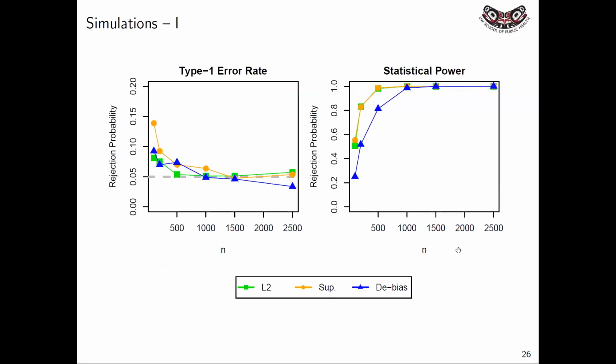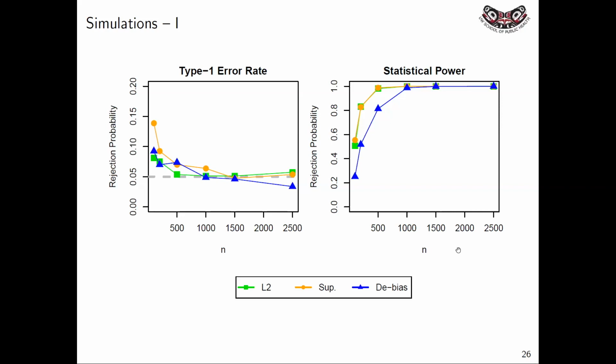That's an approach that would work in this simple case. We see that in terms of type 1 error, the debiasing-based approach works well as sample size increases. The approaches that we've taken, based on either L2 or sup norm, also work well as sample size increases, but maybe they have different behavior, especially in terms of power.